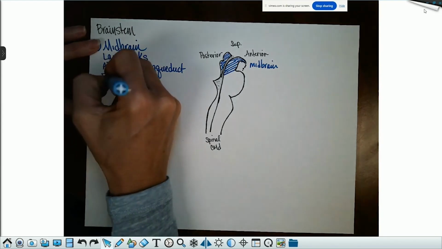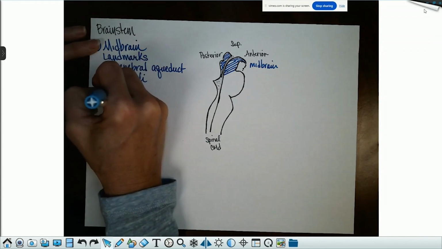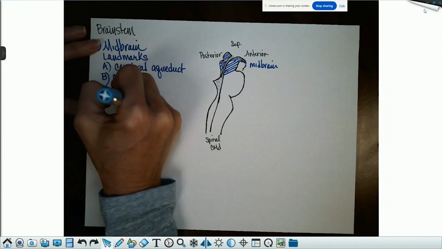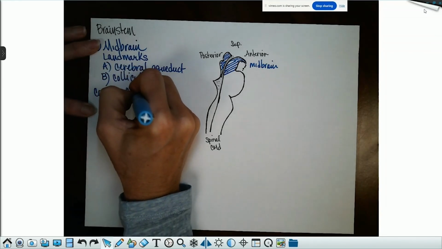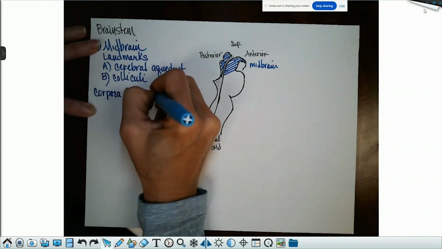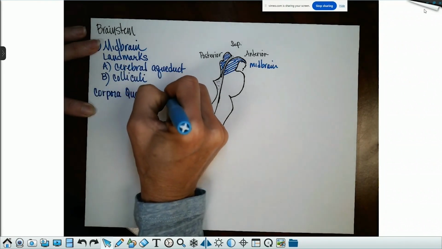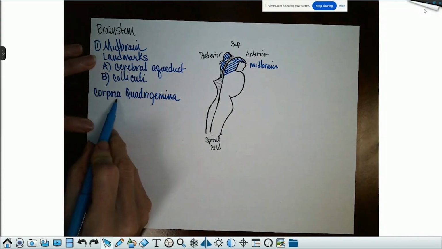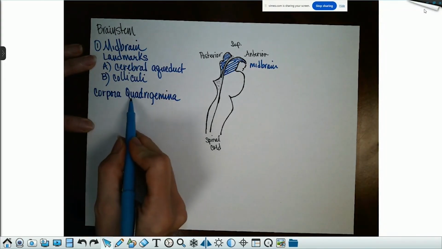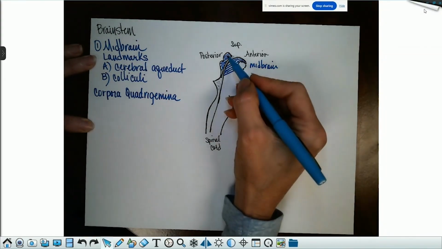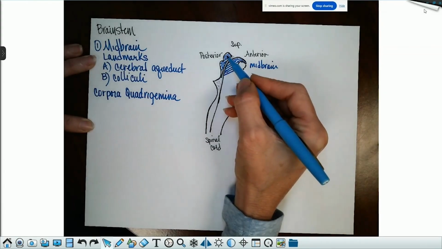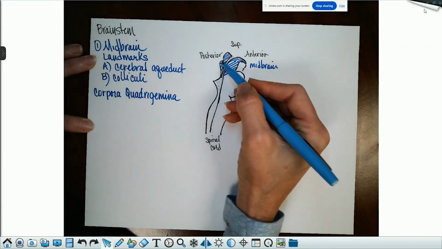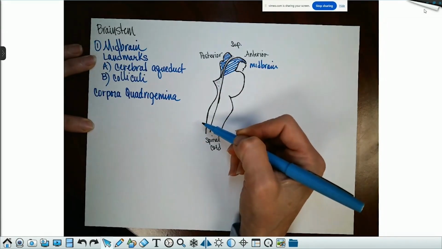So it is literally called a corpora quadrigemina. Let's break this down. Corpora means bodies, that's plural. Quad, 4, means we're going to have 4 of these bodies. Here we're just seeing 2 of them because we're looking at just half of it.